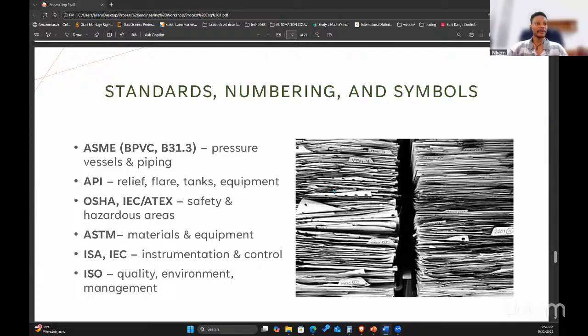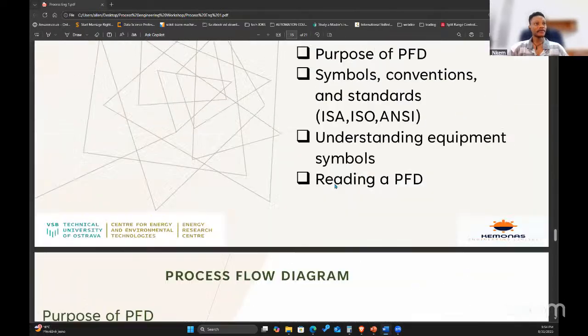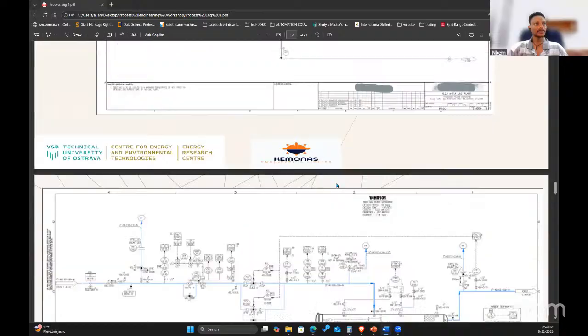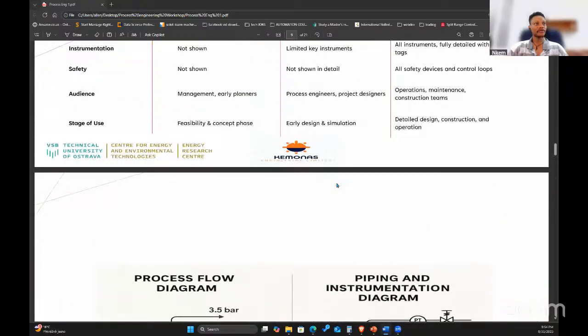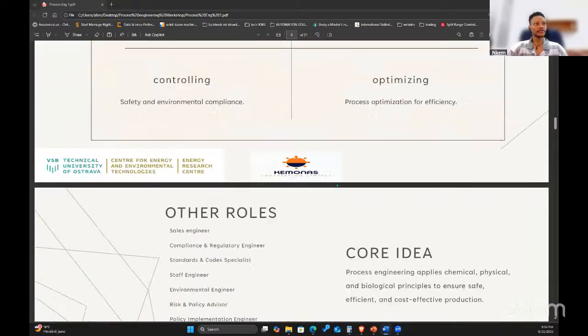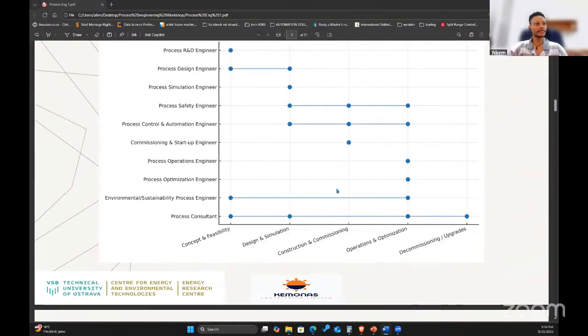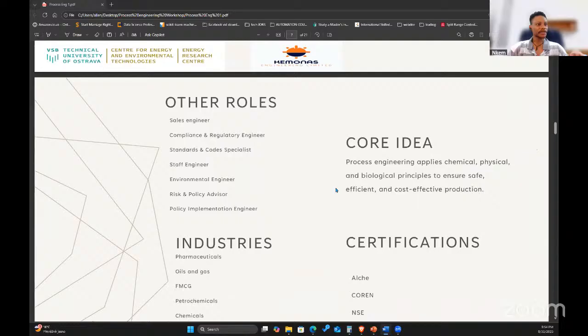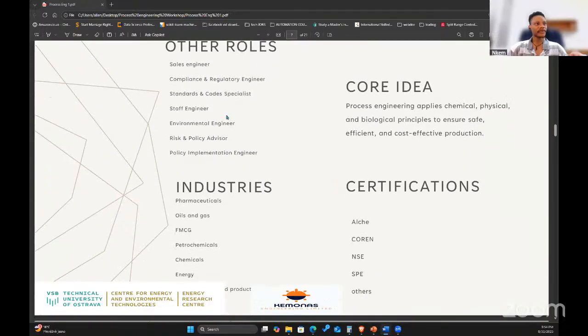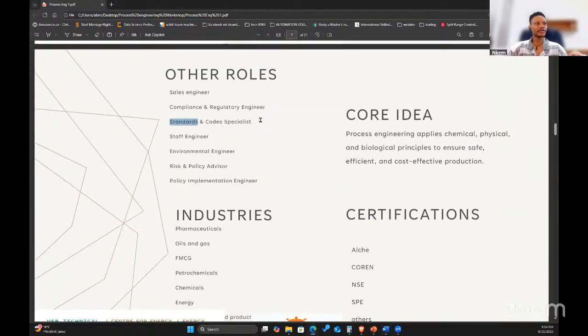And remember, in the previous meeting that we had, we talked about the engineer who is responsible for these codes. Somewhere here, I have to go back. Yeah, the standards and code specialist.